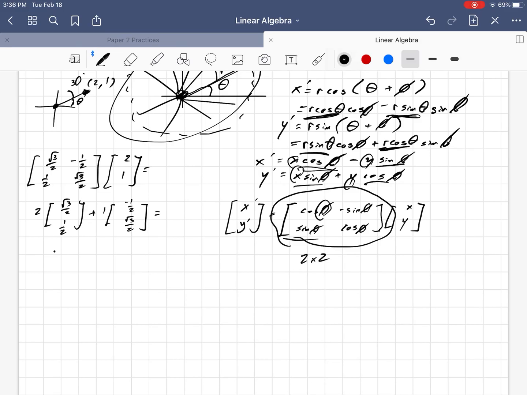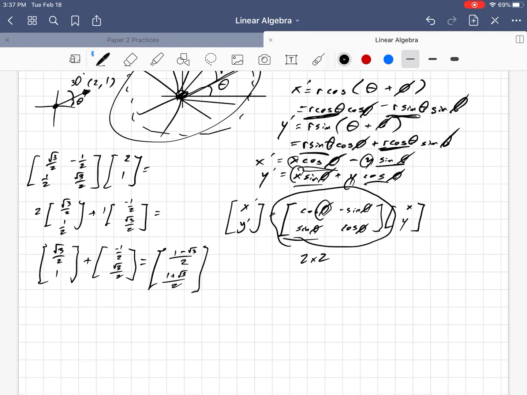And so we would just get root 3 over 2, 1, plus negative a half root 3 over 2, which is the head of the vector would lie on the point 1 minus root 3 over 2 and 1 plus root 3 over 2. And that's an example of using the rotational matrix.